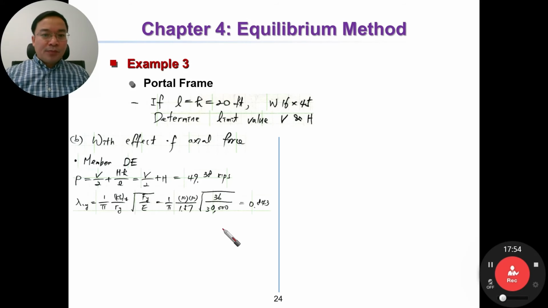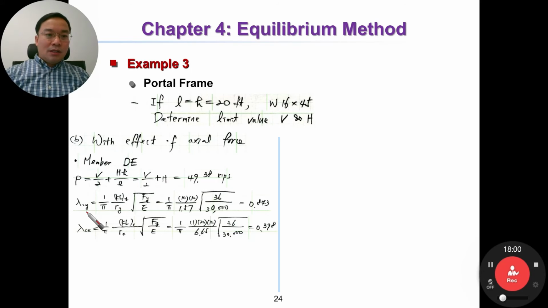Okay, then back to this problem, we have to calculate lambda. We have to calculate lambda x and lambda y, equal to this one. Here, K L is the transfer ratio from fit to keep.